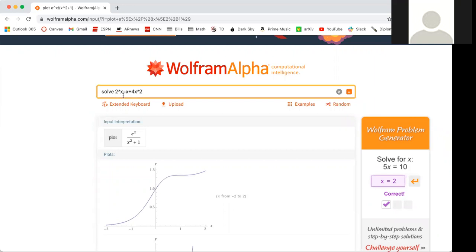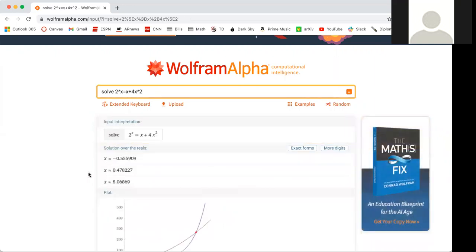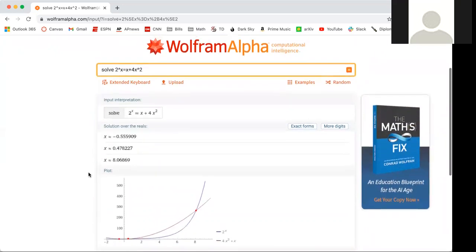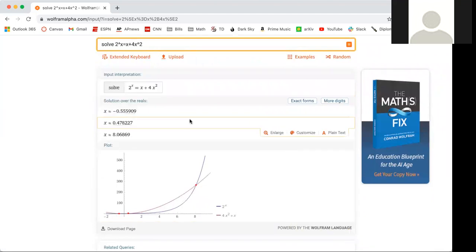We can't handle this exponential function and this polynomial part in the same equation. So the only way to really try to solve this is by approximating, looking at the graph. So this has a couple solutions.